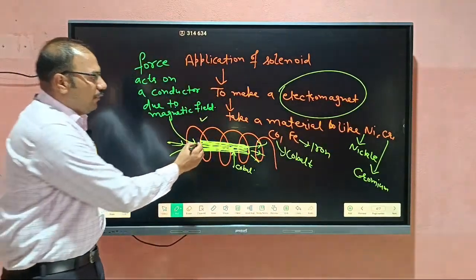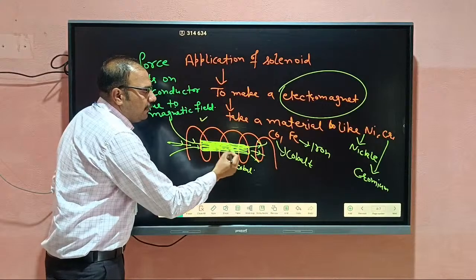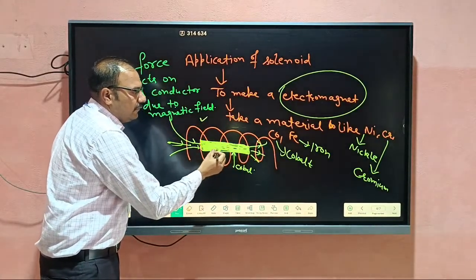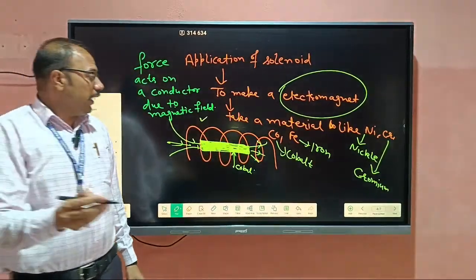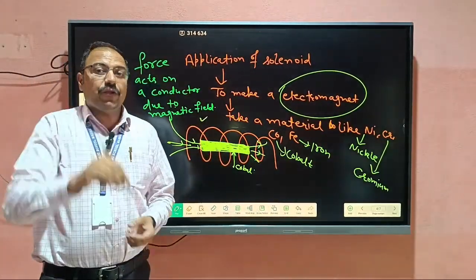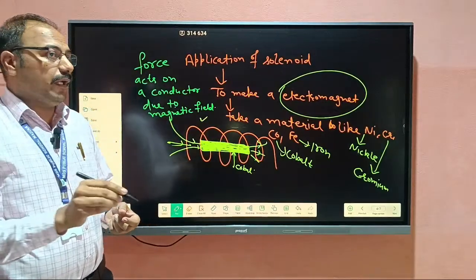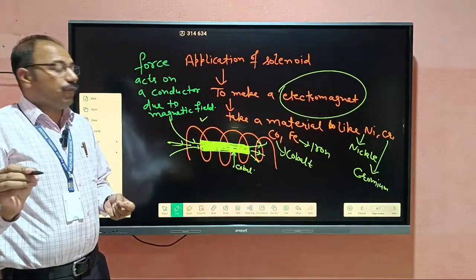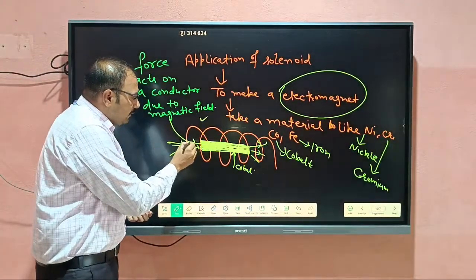We take a piece of metal and put it inside the solenoid. When we put it inside the solenoid, we switch on the power supply. What happens? A large number of magnetic lines of force are passed. So these lines are passed like this.